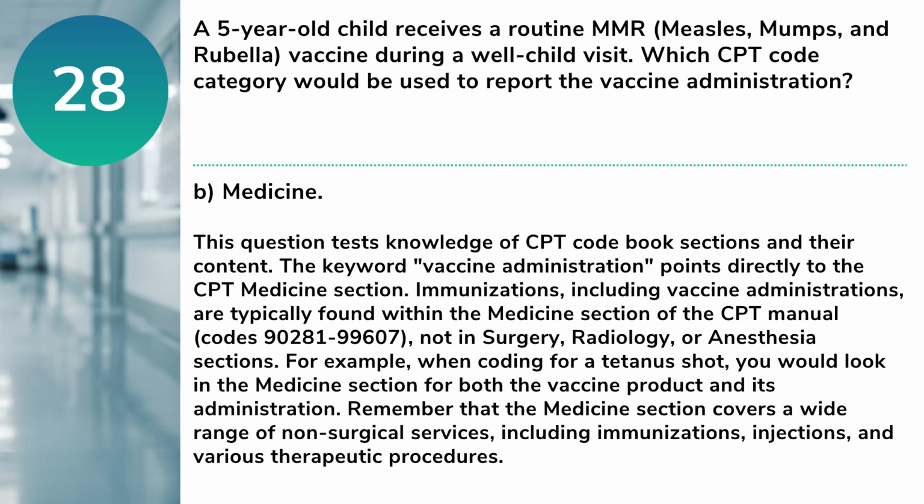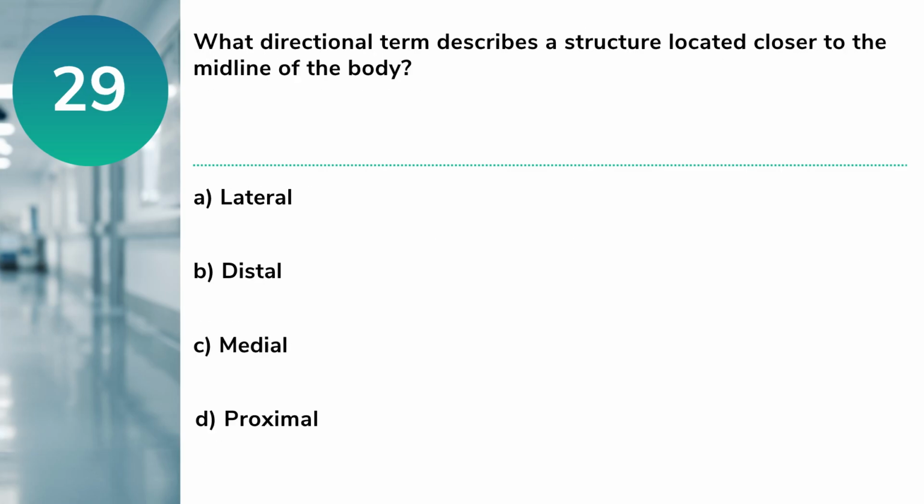For example, when coding for a tetanus shot, you would look in the medicine section for both the vaccine product and its administration. Remember that the medicine section covers a wide range of non-surgical services, including immunizations, injections, and various therapeutic procedures.